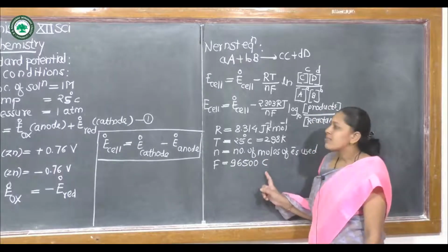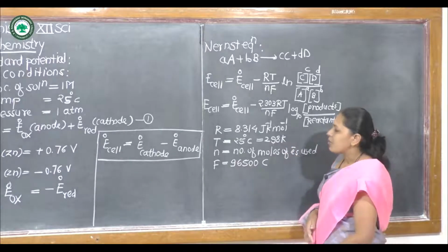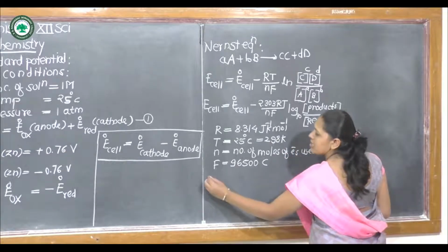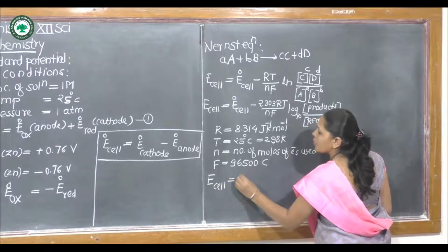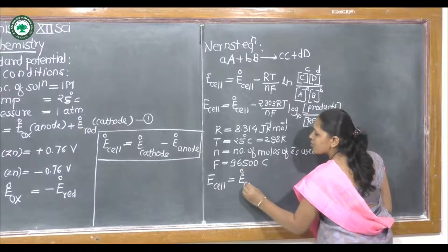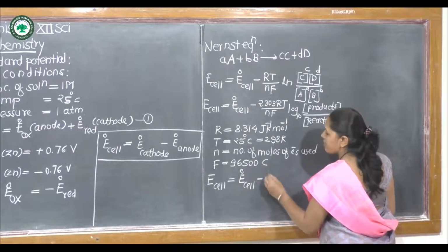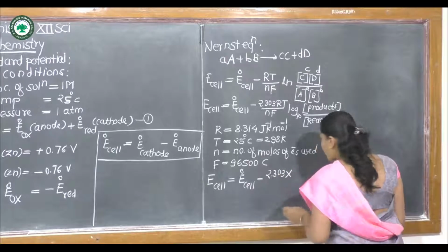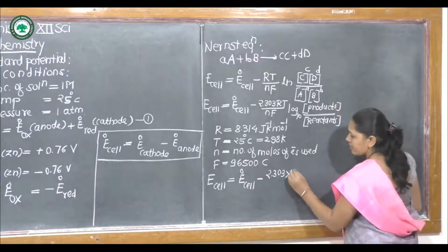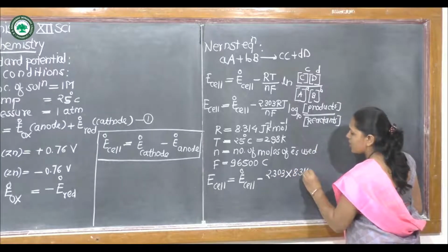Then by substituting these values in the above equation, this equation becomes E cell is equal to E0 cell minus 2.303. What is the value of R? 8.314.